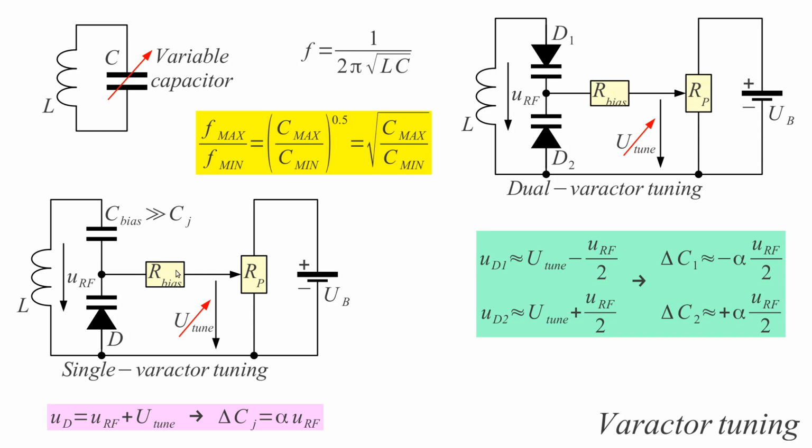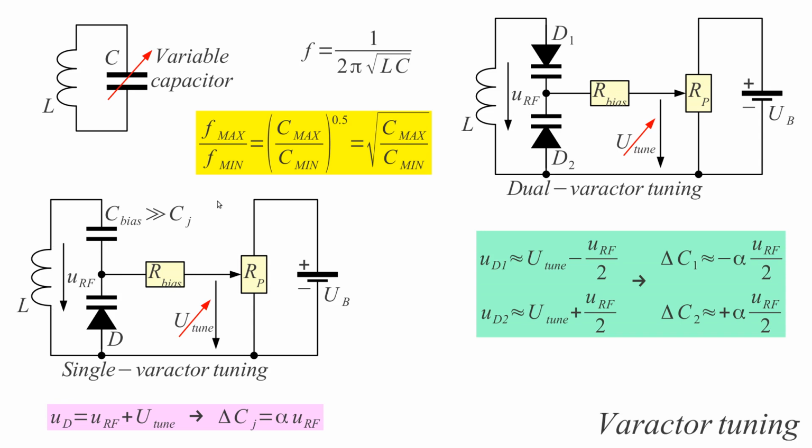This resistor may be megaohms because there is almost no current drain to the varactor. We apply a DC bias voltage to adjust the capacitance of this varactor, and this C bias is just used to decouple DC and couple RF, so we have almost the whole capacitance of this diode across our coil, our inductor in our tuned circuit, to tune the circuit.